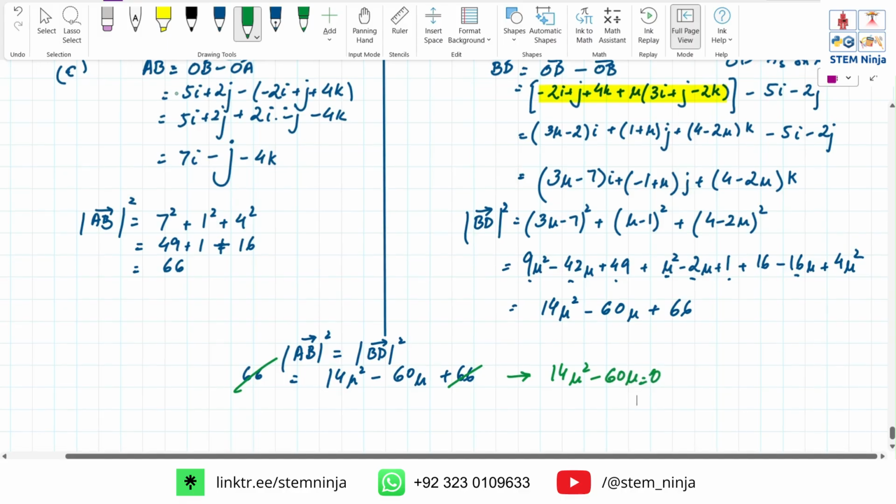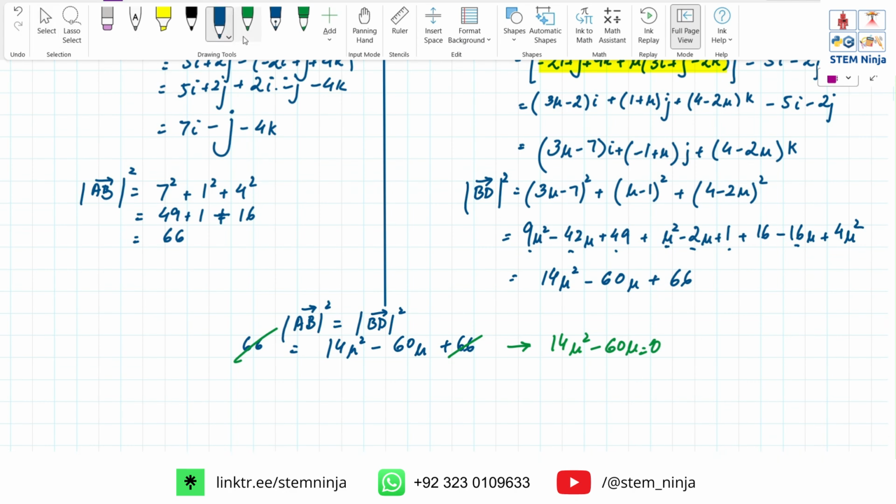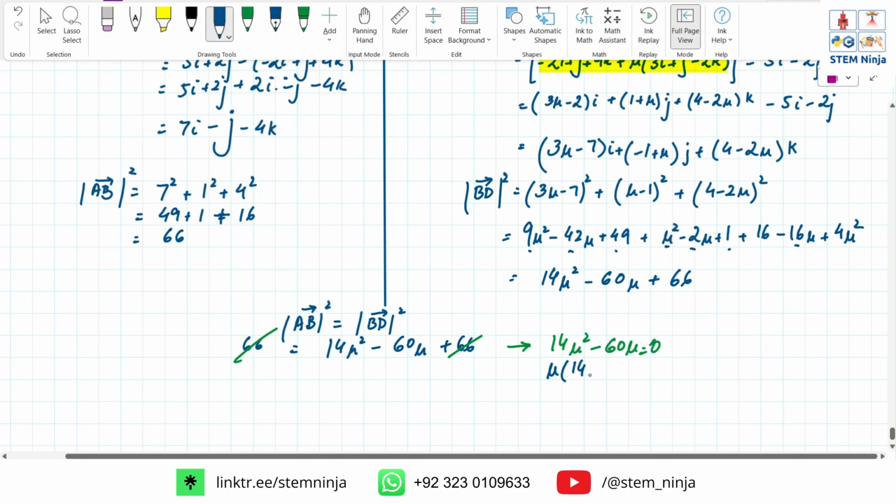Now this is all we have to solve. So one answer is simply mu(14 mu minus 60) equal to 0. So one answer leads to a trivial answer, mu is equal to 0, and the other one is 60 divided by 14. So 2 times 30 and 2 times 7, so 30 over 7.